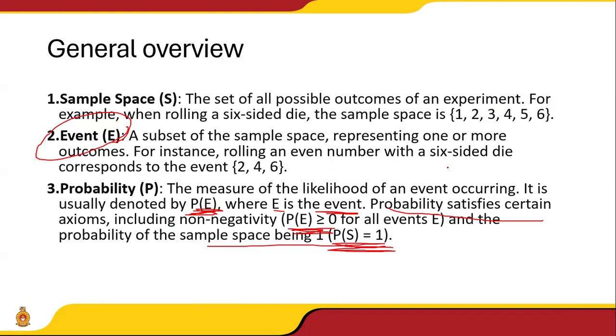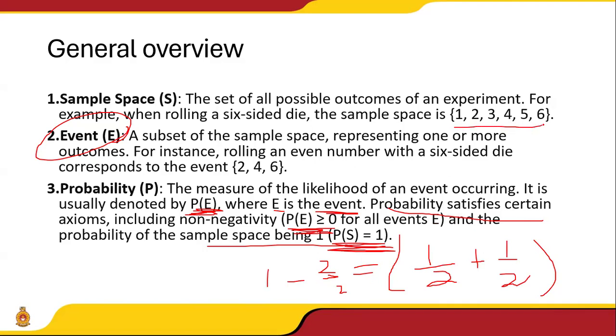For example, if we take a situation of flipping a coin, 1 over 2 plus 1 over 2, the maximum sample space is connected together. So 1 plus 1 equals 2 over 2. So the answer is 1. Any situation, we can tell 1.